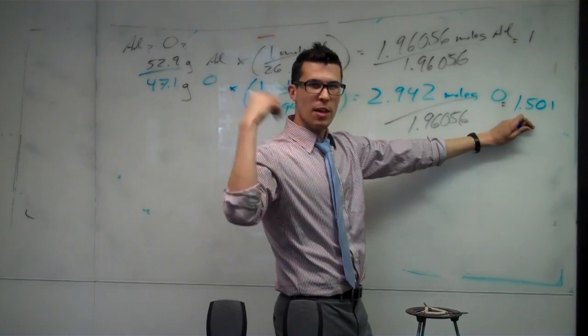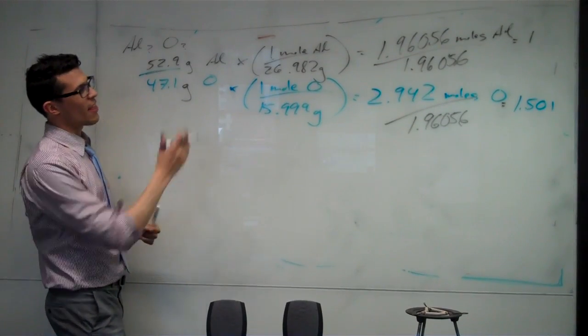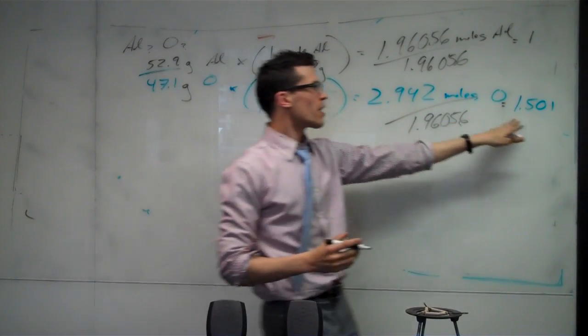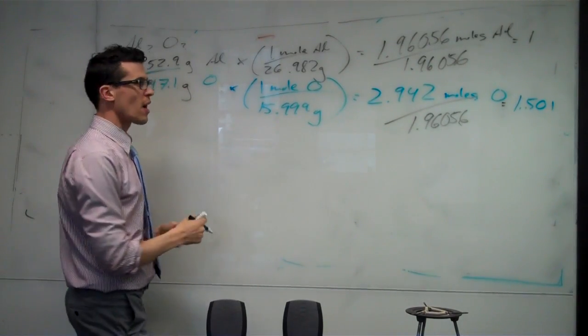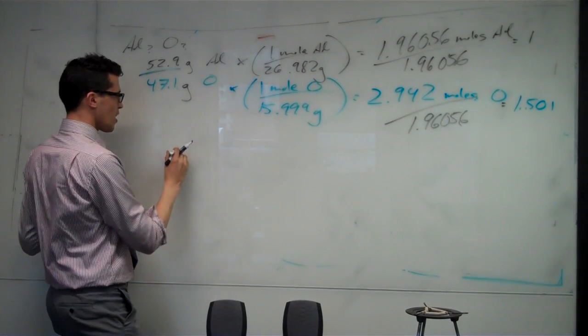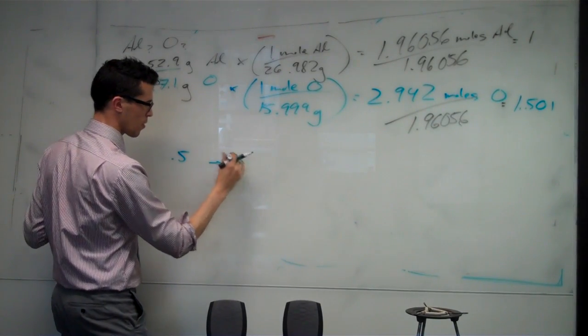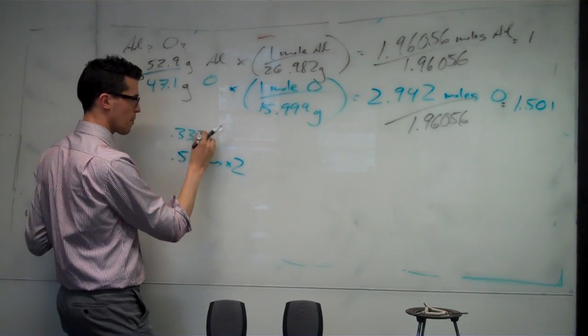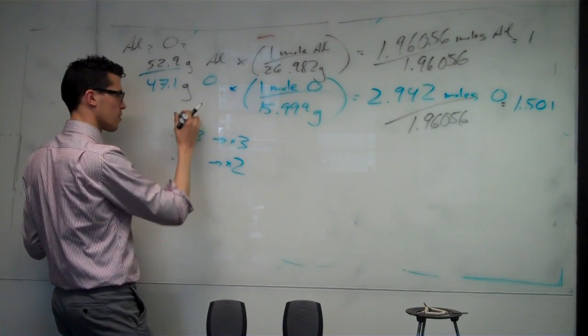This should start ringing bells in your head. At this point, if this ratio turns out to be 0.5, then you're going to multiply everything by 2. I'll give this to you on the test. If it's 0.5, then you multiply by 2. If it's 0.333 repeating, then you multiply by 3.